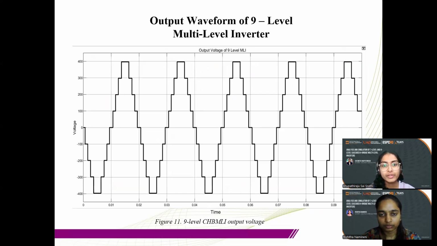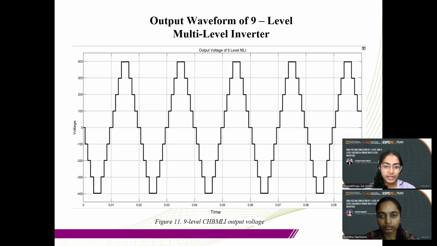The output waveform features multiple voltage levels as shown, demonstrating its capacity to produce a smoother and more precise waveform compared to 7 level. It is also proven that the harmonic content decreases with an increase in the levels of the multi-level inverter.